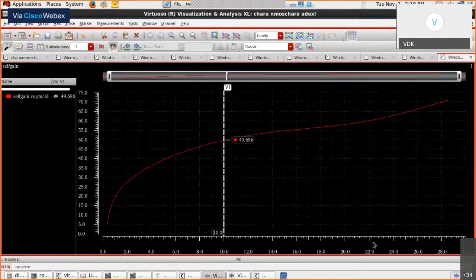As I already said in the pre-lunch session, a larger value of GM over ID essentially means that we get larger voltage swings and smaller overdrive voltages, that is, minimum VDS across transistors, giving more potential headroom under bias conditions, and maybe a smaller value of FUG. From the GM curves we found that the device turns out to be closer to strong inversion than to weak or moderate inversion.